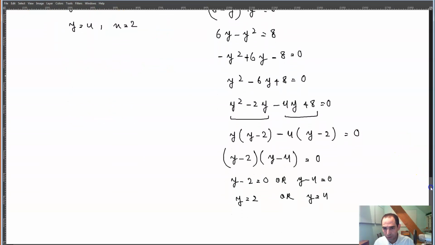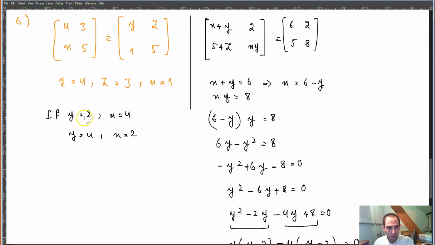So here we have two possible values for y, 2 and 4. If y is equal to 2, then using the equation x times y is equal to 8, x times 2 is equal to 8, that means that x is equal to 8 by 2, which is equal to 4. So if y is equal to 2, x is equal to 4, and vice versa.